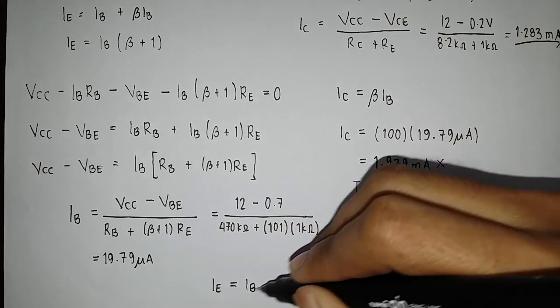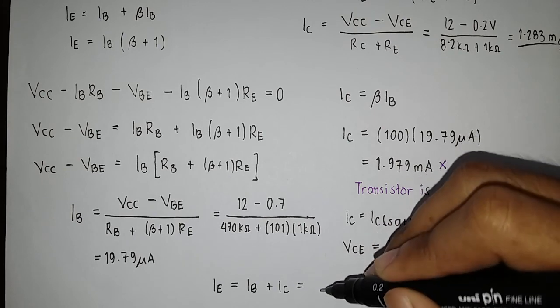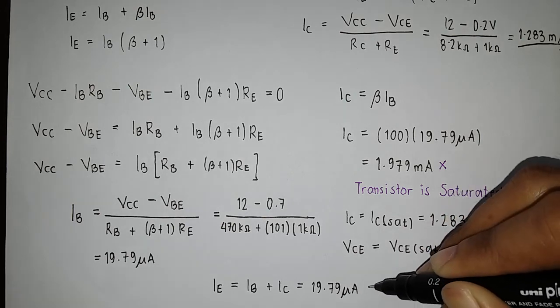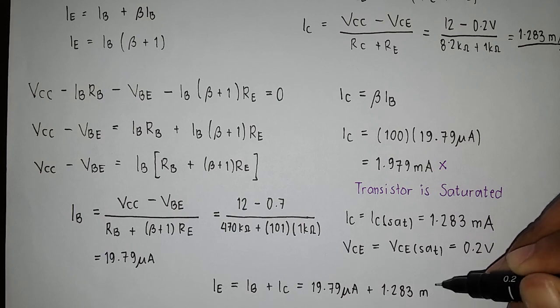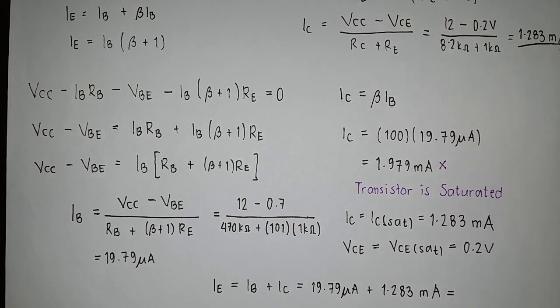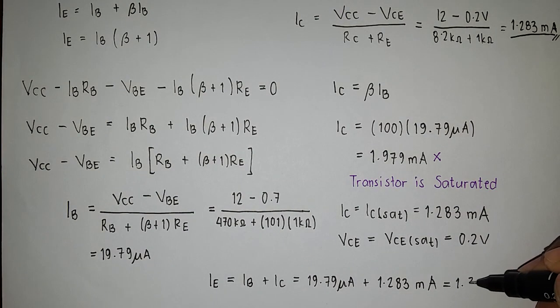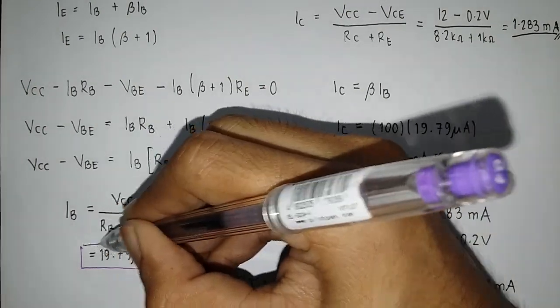IE is equal to IB plus IC pa rin. So, by substitution, makuha natin, IE is equal to 19.79 microamperes, value ng IB plus value ng IC, which is 1.283 milliamperes. And that is equal to 1.303 milliamperes.